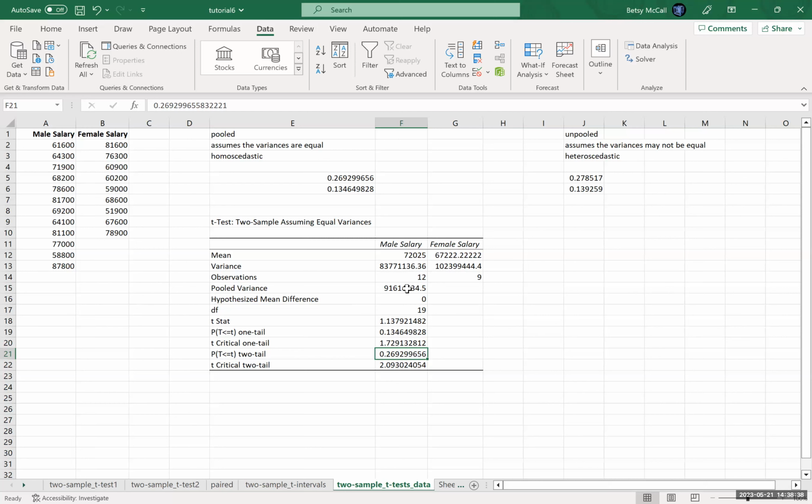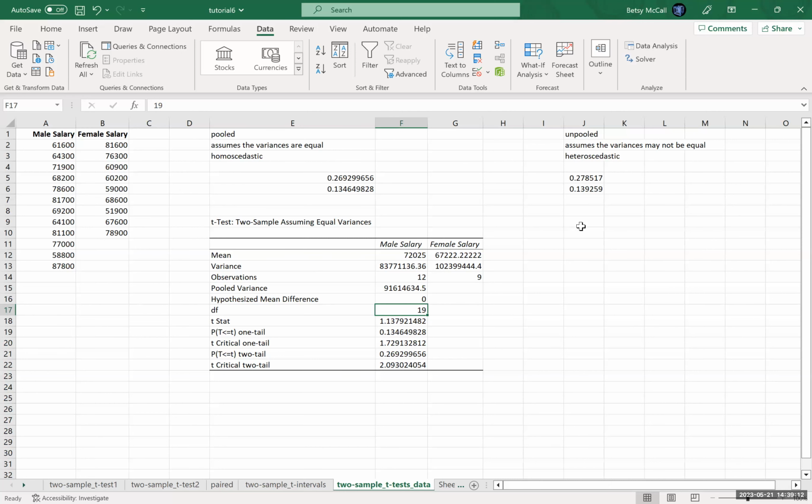It's calculating the pooled variance for us, which is actually going to be very useful if we want to then calculate, for instance, a confidence interval later on. It also tells us what the degrees of freedom was for this particular problem. And notice that it's 21, 12 plus 9 minus 2.